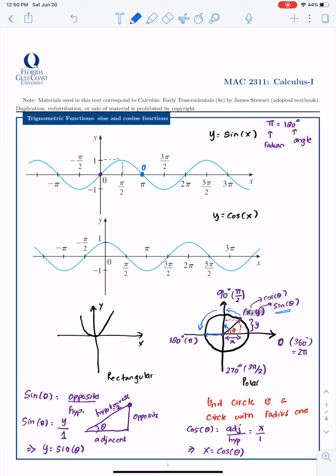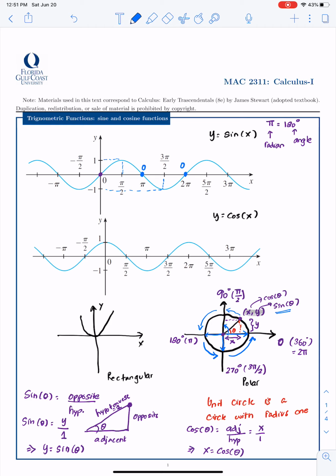And as we move from pi to 3 pi over 2, the line comes right over there, and naturally that is of radius 1, but on the real number line it would be negative 1. So here we would end up having a value of negative 1 at 3 pi over 2. 270 degrees is 3 pi over 2. And back to 0, I'll have a length of 0, which is right over here.